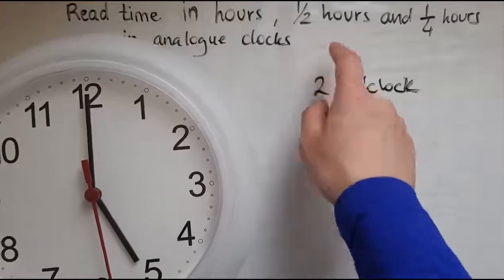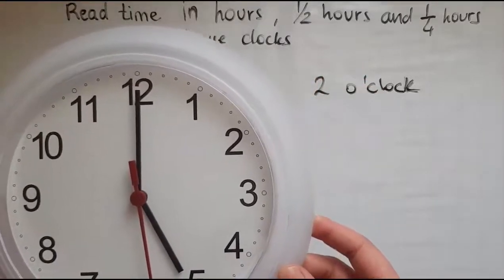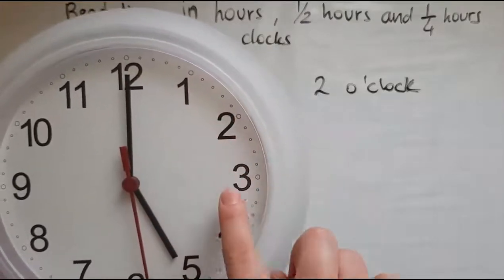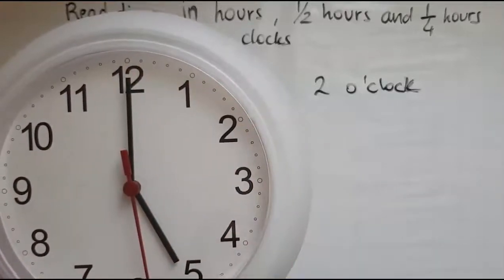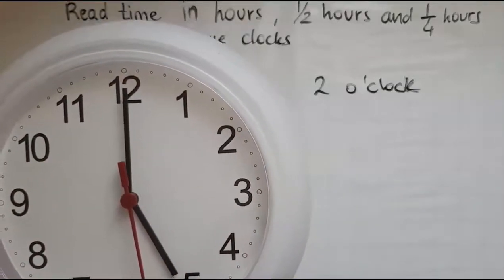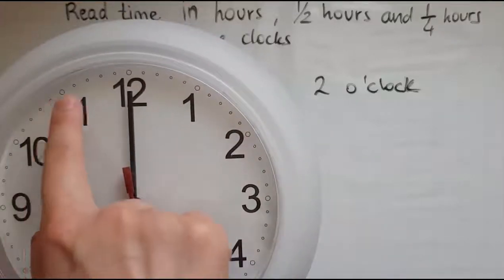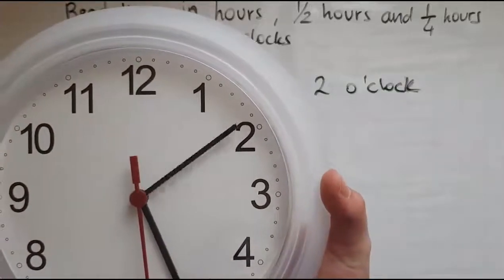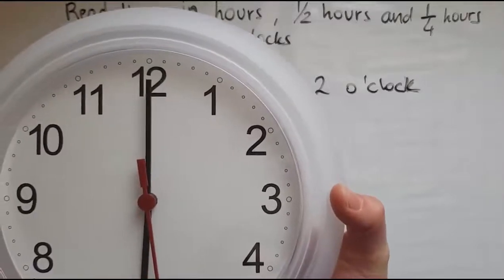Now half hours. What does that mean? When we move the minutes hand a full circle, that means it is 60 minutes, because there are 60 minutes in 1 hour. So as you can see, this will move 60 minutes of 1 full hour.